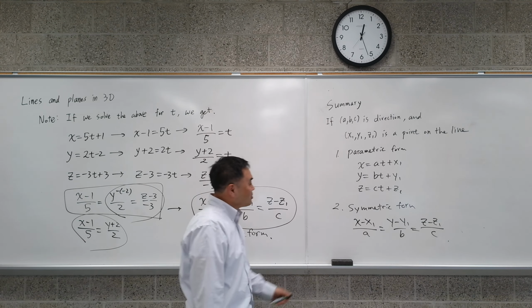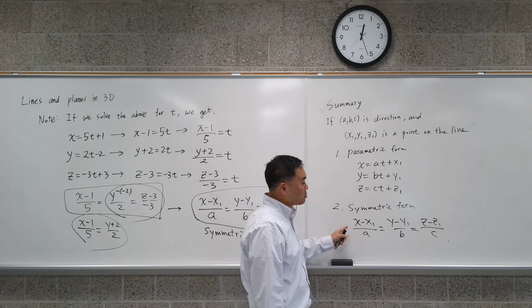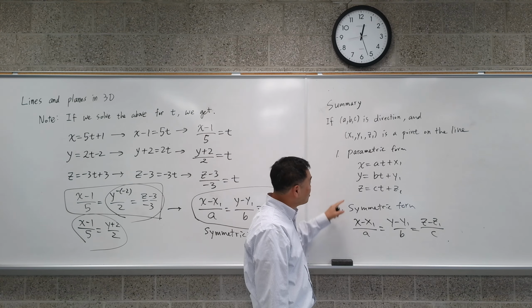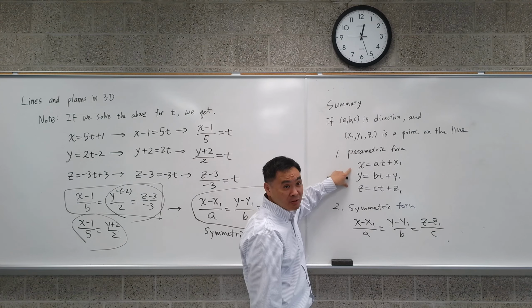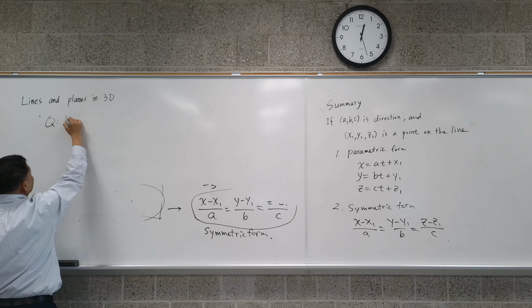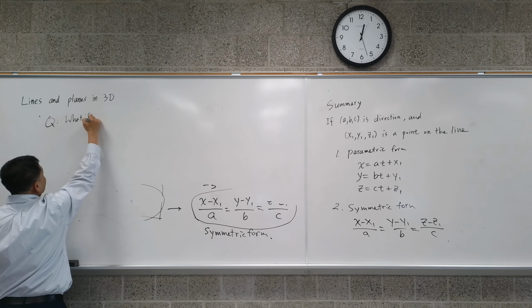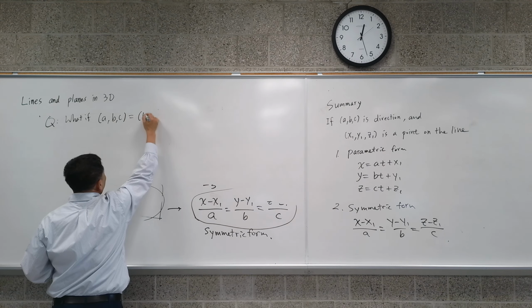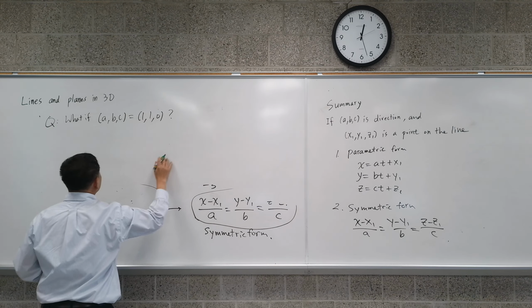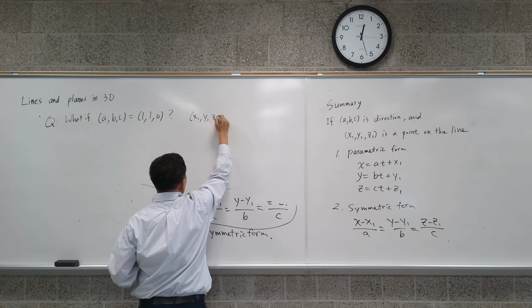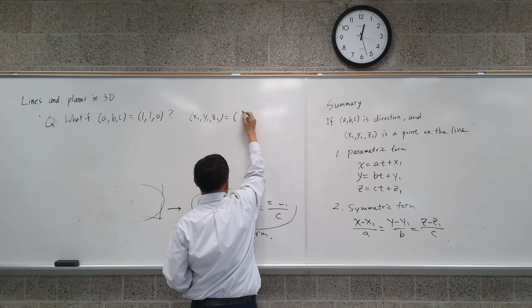In that case, the symmetric form will look very different. And remember, how did we get this? We just took the parametric form and solved for t, right? So, question, what if A, B, C is 1, 1, 0? And just for convenience, let's say x1, y1, z1 is 1, 2, 3.